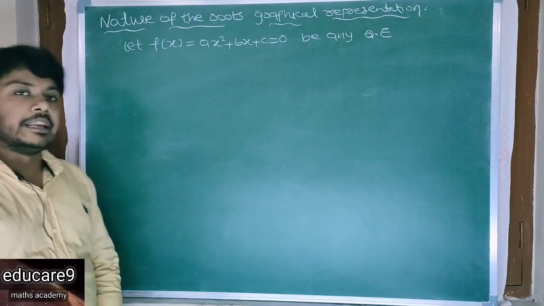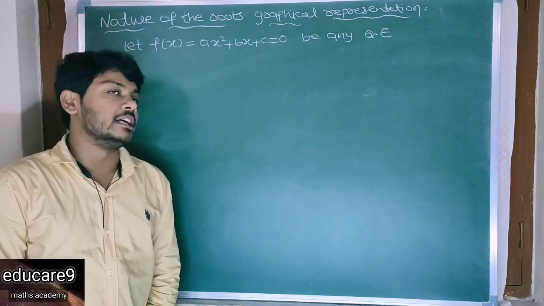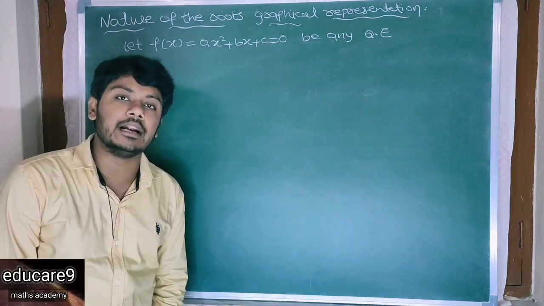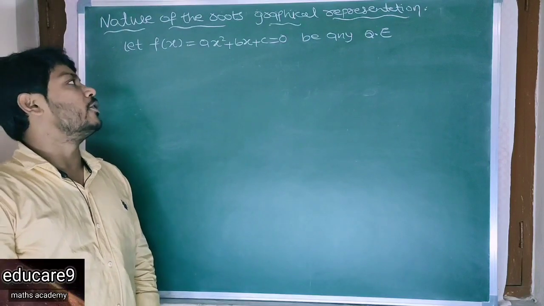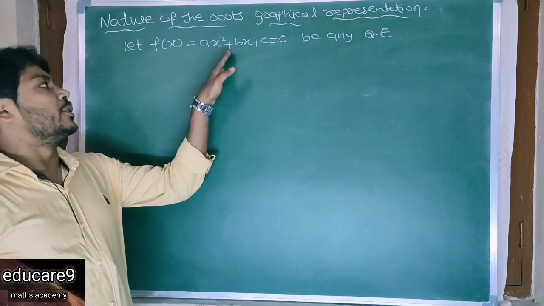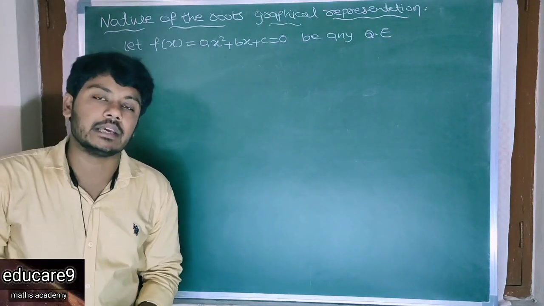So here there are three cases: delta greater than 0, delta equals 0, and delta less than 0. Before going to that, we have to know the graph of a quadratic equation.